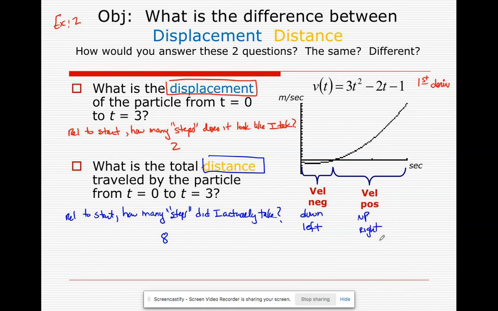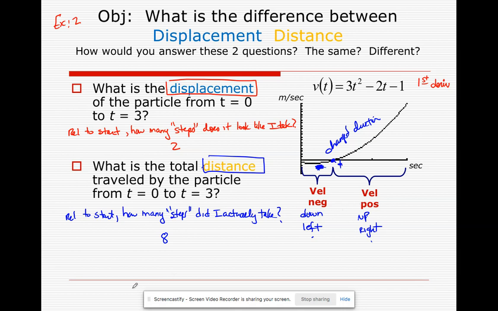That's what we've agreed positive direction is. Notice when velocity is 0 and changes from positive to negative, or negative to positive, you change direction. You change from going down to up, or from going left to right. That's what happens when your velocity is 0 and your velocity changes from negative to positive.